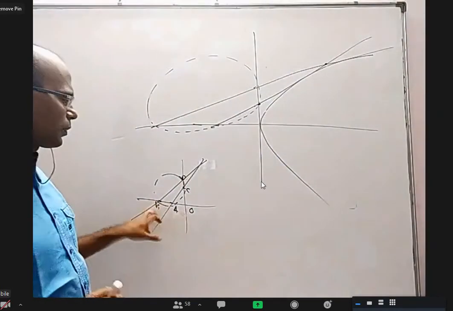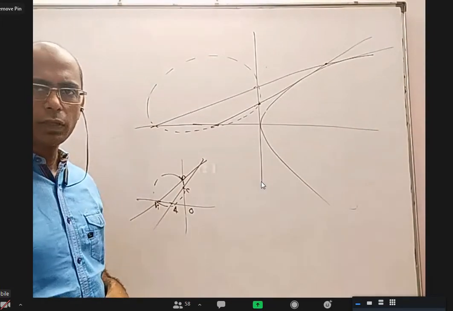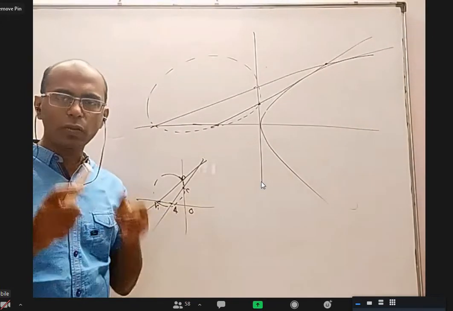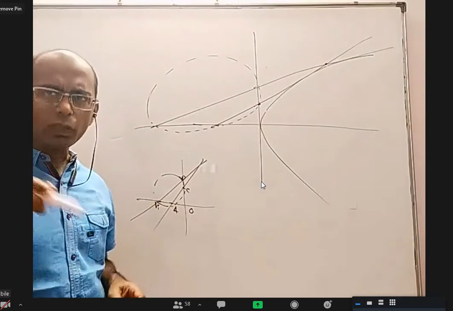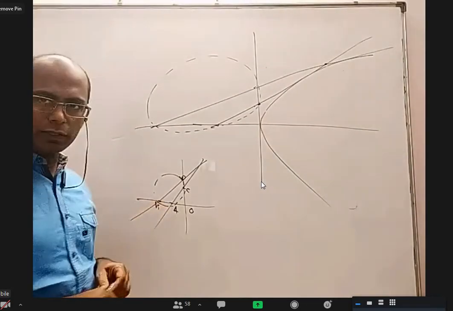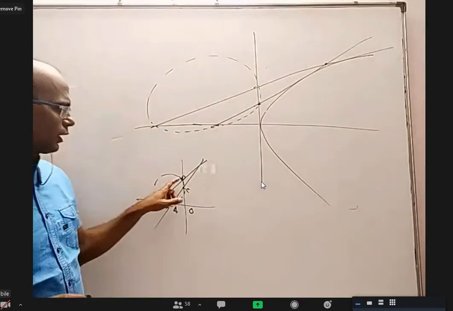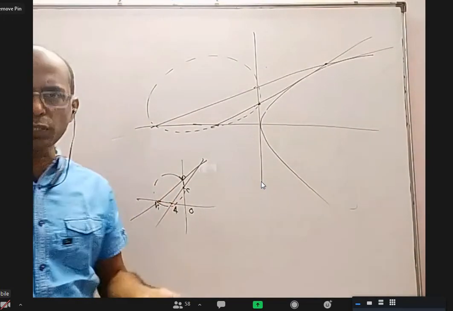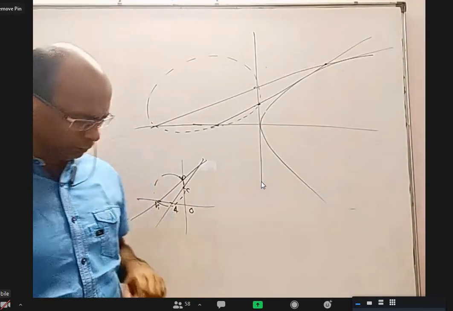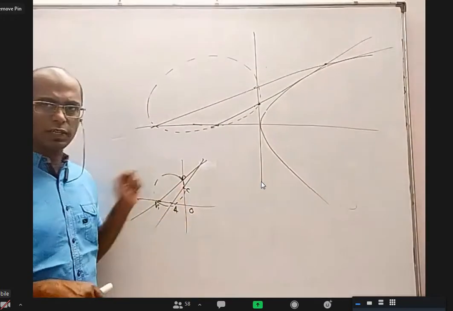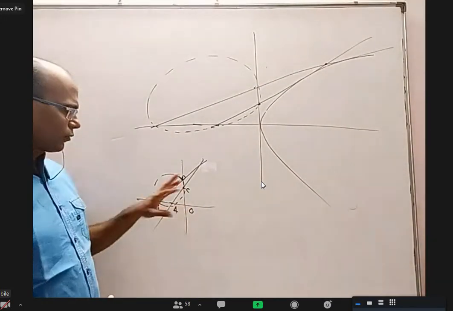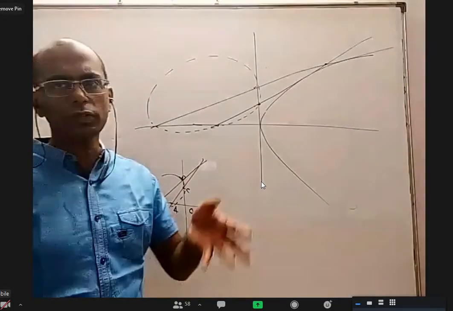But OA into OB is what? In the pair of lines, substitute y equal to 0, you'll get a quadratic equation in terms of x, product of the roots. Am I right? And the other way, OC into OD means in the place of x you put 0, you'll get a quadratic equation in terms of y, product of the roots of that. For them to be equal, basically you'll get the quotient of x square equal to the quotient of y square.